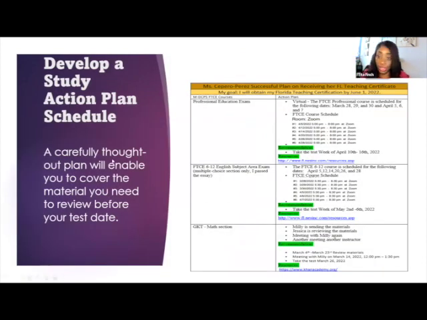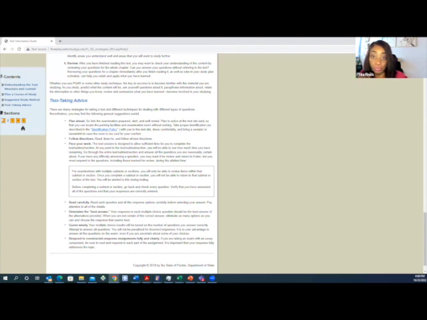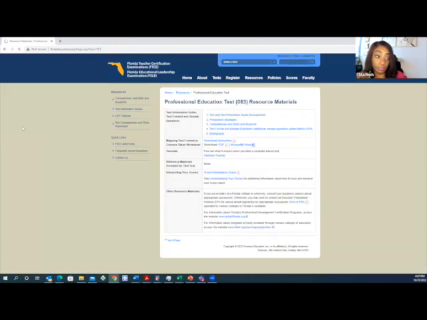Now, I want to look at, let's go, before we get into the study plan, I want us to really quickly actually go to that resource page. So when you click on the home button, it's going to take you here, and it gives you a condensed guide for the website.